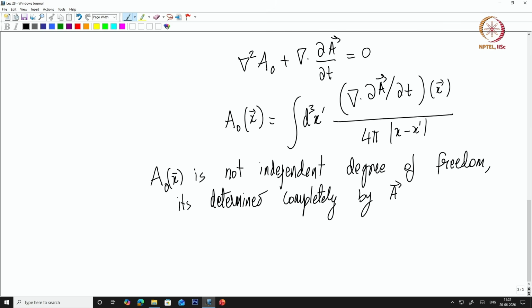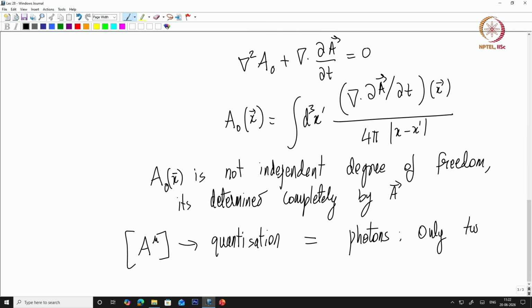But actually that is not the whole story. As we mentioned, the quantization of the A mu field leads to photons, but photons have only 2 degrees of freedom.